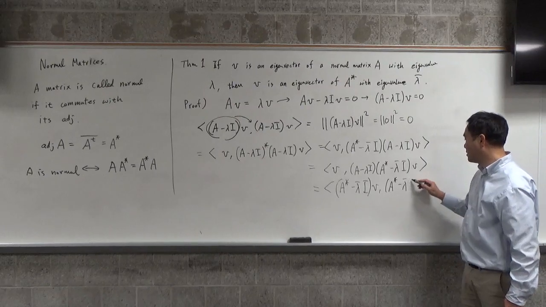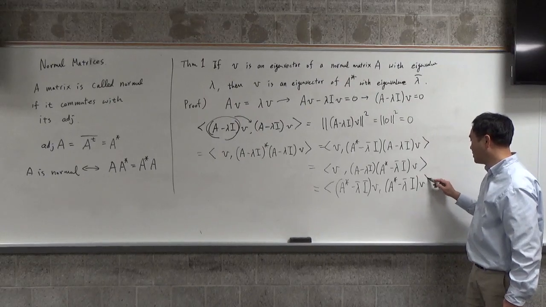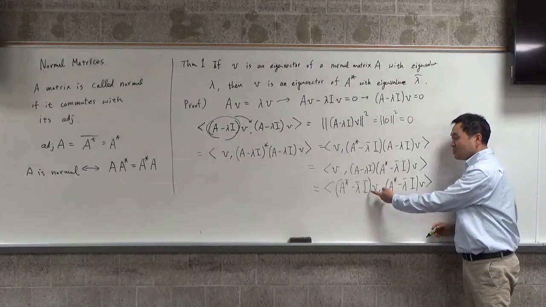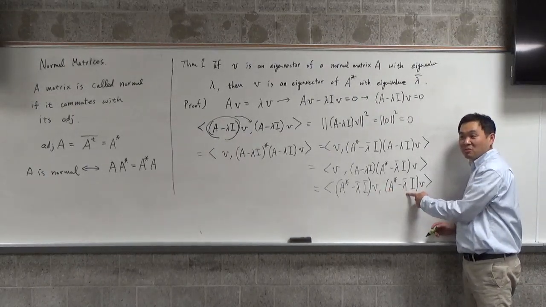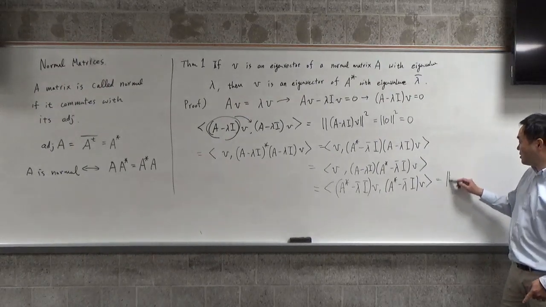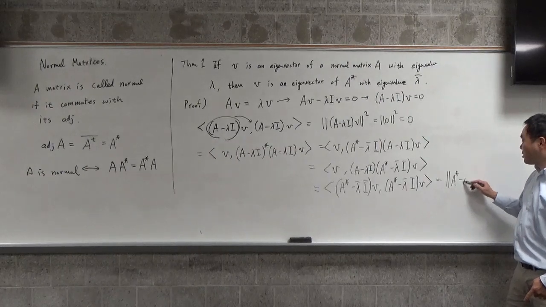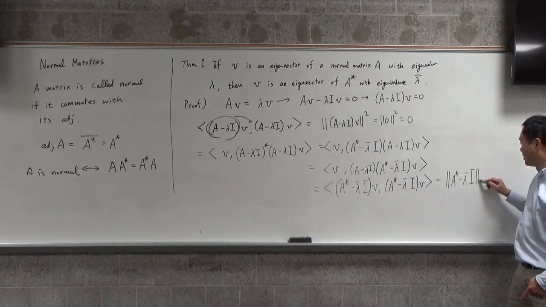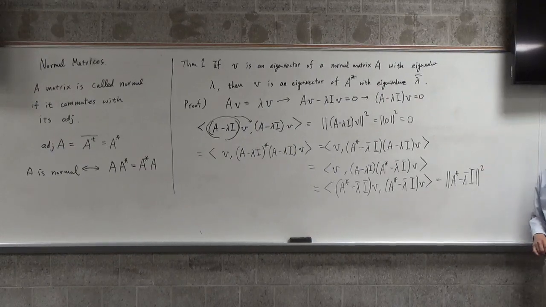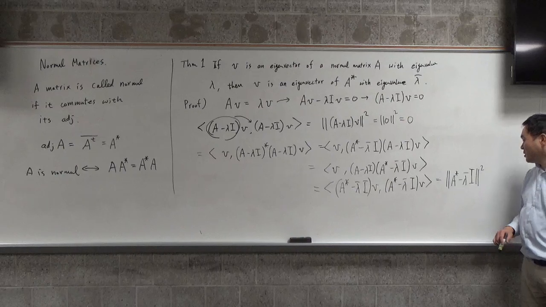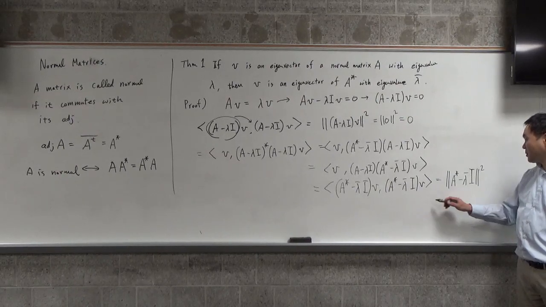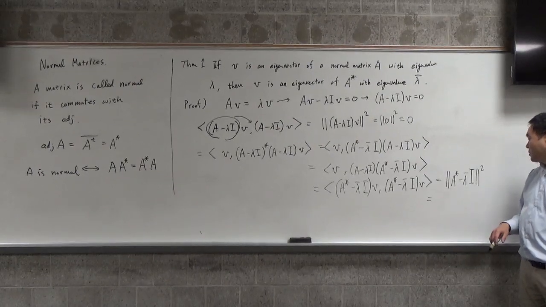Oh, but now look at this. This is the same thing, an inner product with itself, isn't it? In that case, you always get the norm squared: the norm of (A star minus lambda bar I) v squared.